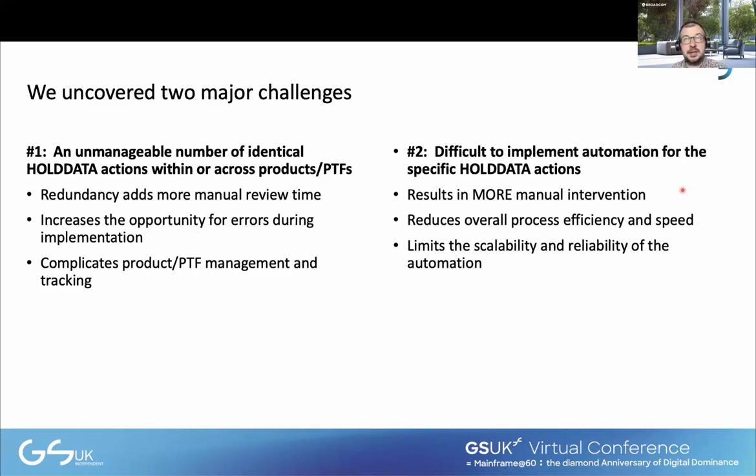Even if you are not making any mistake, it definitely requires more manual intervention. You need to properly understand and review what is meant by the HOLDDATA text, and sometimes customize jobs and so on. All these things basically limit the scalability and fast delivery to the target systems.